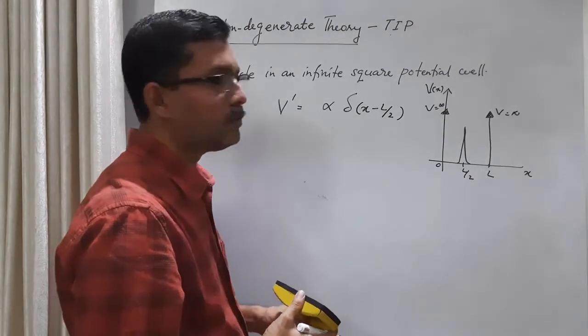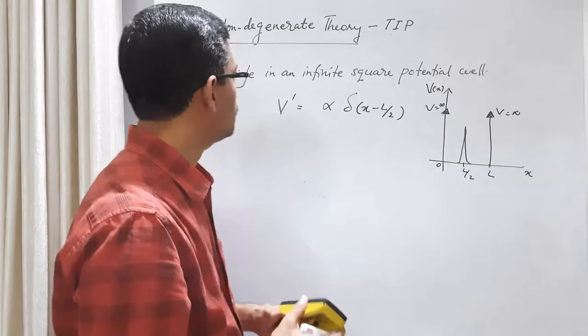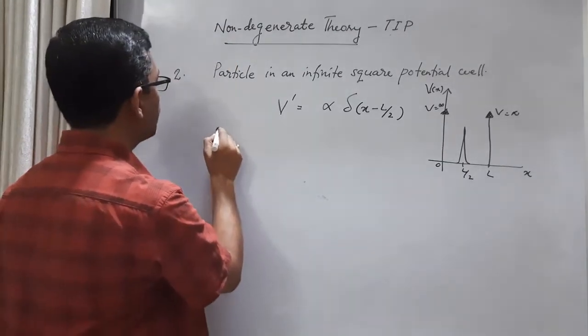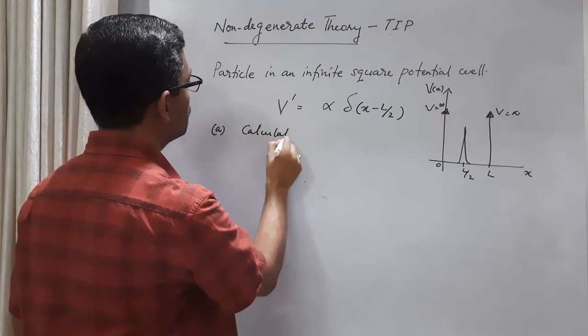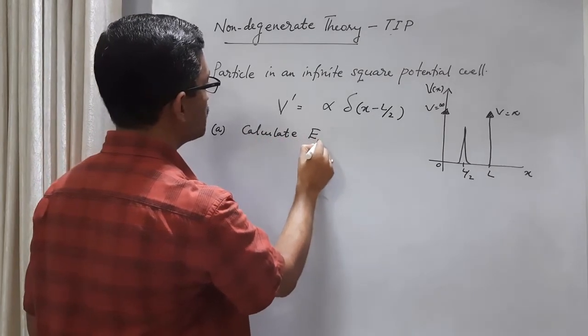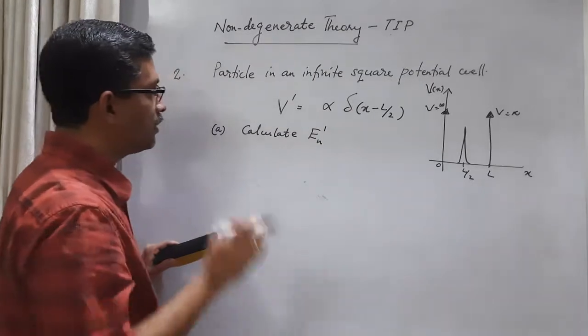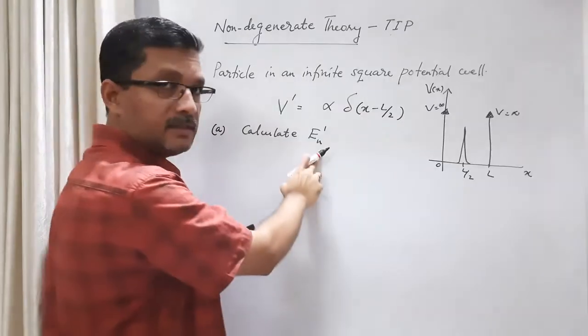So we want to find out the first order correction. So first aim is to calculate the first order correction energy for the nth state.